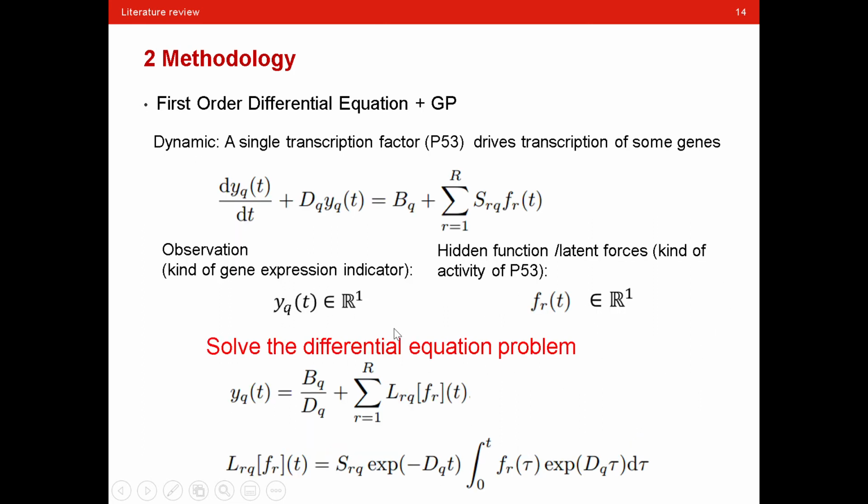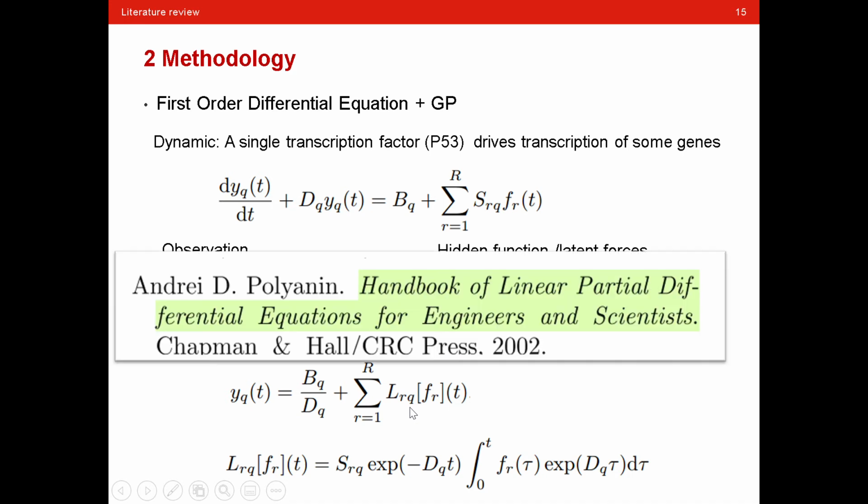Therefore, given this equation, whose observation is the gene expression indicator, the latent function also has a physical meaning, a kind of activity of p53. By solving this equation, we can have an explicit relation between the observation and the latent function. And I have to say I have not derived the solution, but there is a handbook to address such a problem, which is referenced by the paper.